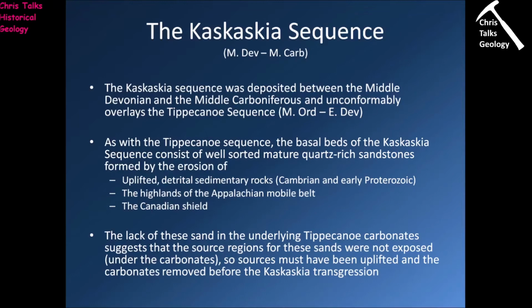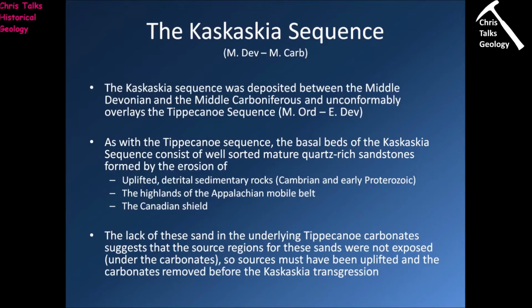So this means there's a large resource of rocks which are going to provide large quantities of sediment, and a lot of that sediment is going to be quite quartz and feldspar rich. And we've already discussed that some of the sedimentary rocks which are being eroded will be related to the earlier Sauk and Tippecanoe sequences.